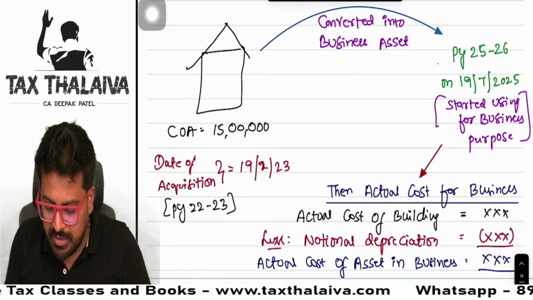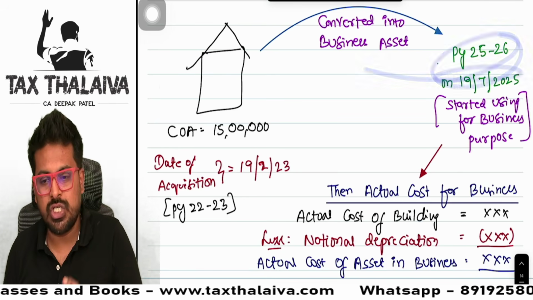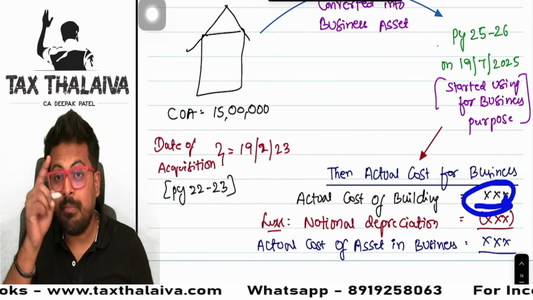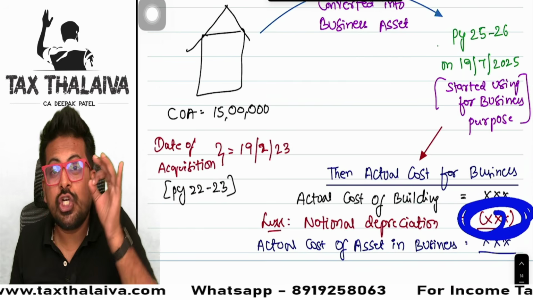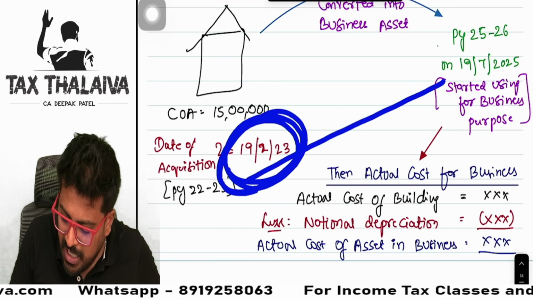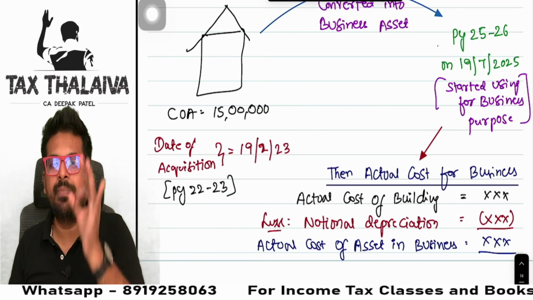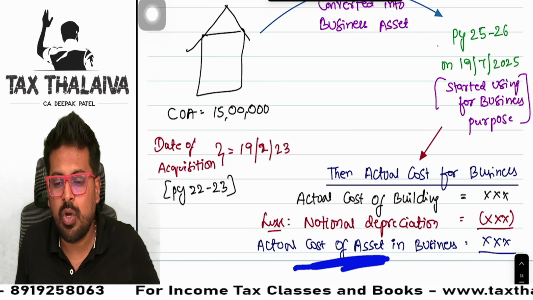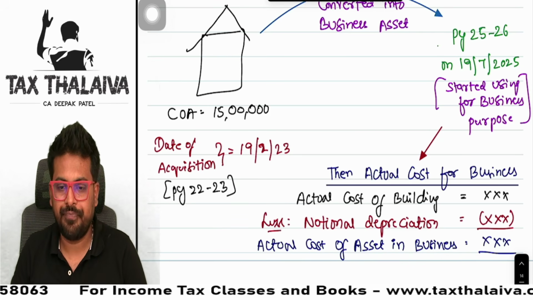To consider the cost of asset in the business books, you will first take the actual cost of the building. From that, you have to reduce the notional depreciation. Notional depreciation will run from the purchase date till the date you convert it into a business asset. And the net amount will be treated as the actual cost of asset in business books.